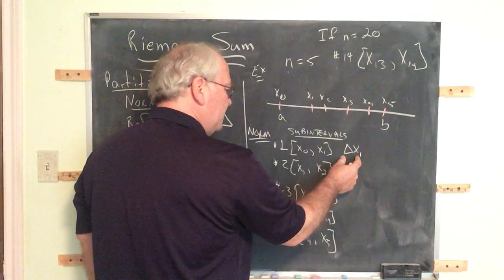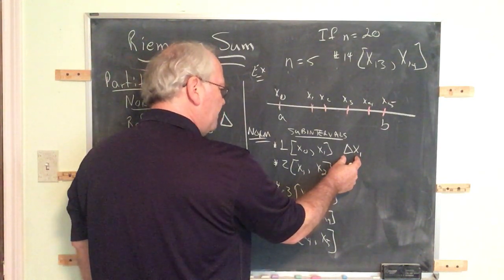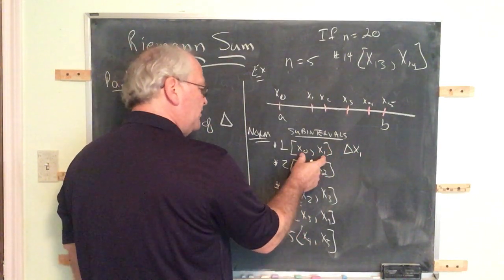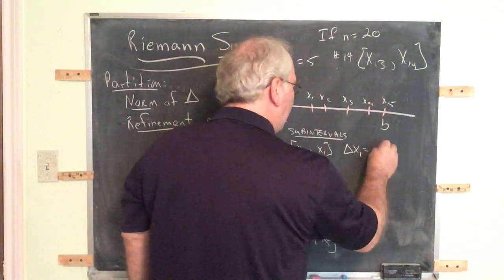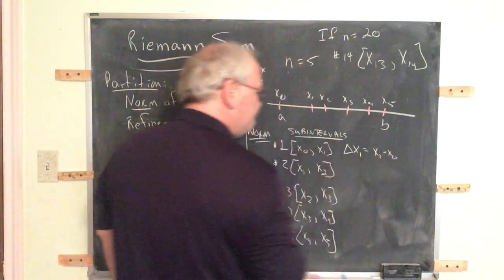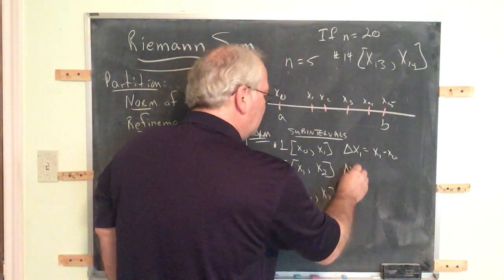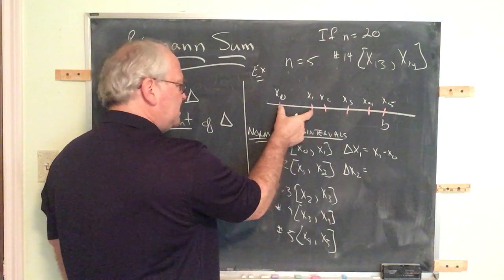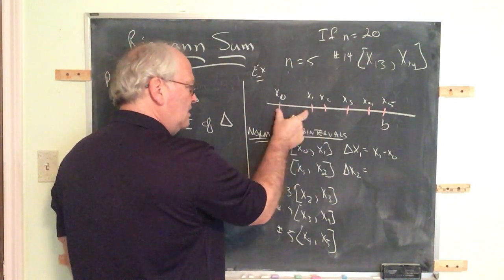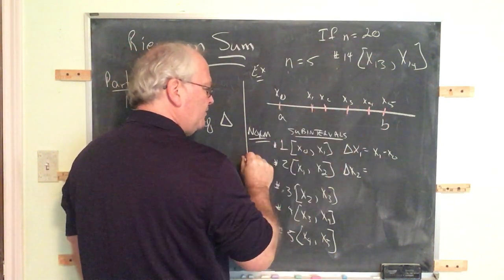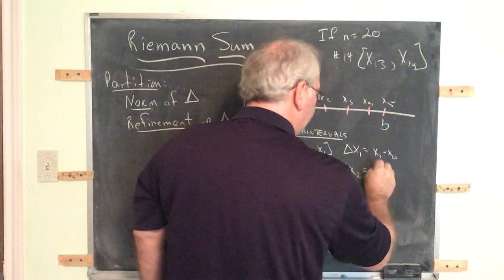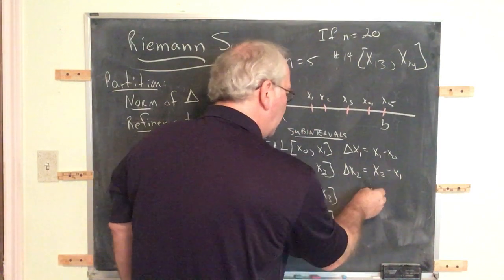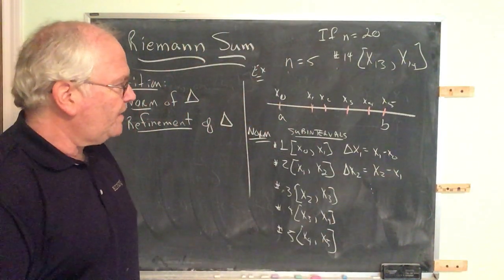Delta x is the change in x, and subscript number 1. So delta x1 is the width of subinterval number 1, and it is given by x1 minus x0. Delta x2, the width of the second subinterval, is not necessarily the same as the first one. These are differing widths. And so delta x2 would be x2 minus x1, and so on down the list.